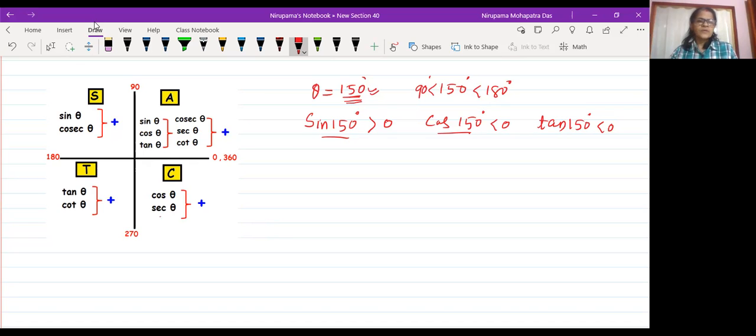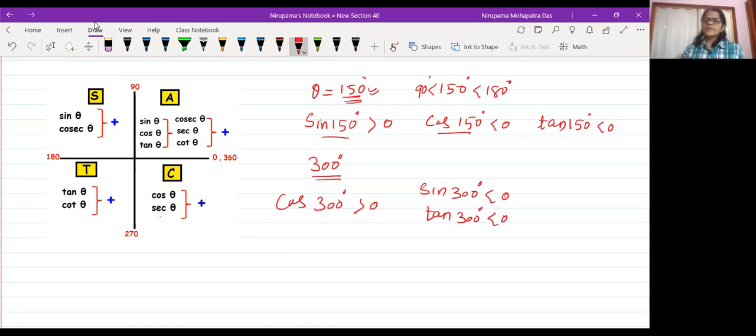If you take 300 degree, for example, 300 degree is more than 270 degree and less than 360 degree, so this is an angle in the fourth quadrant. So cos 300 degree will be greater than 0, whereas sin 300 degree will be less than 0, and obviously tan 300 degree will be less than 0.